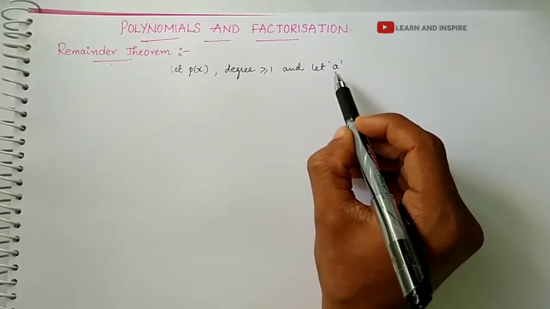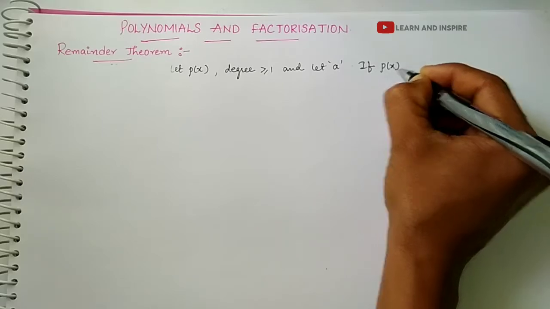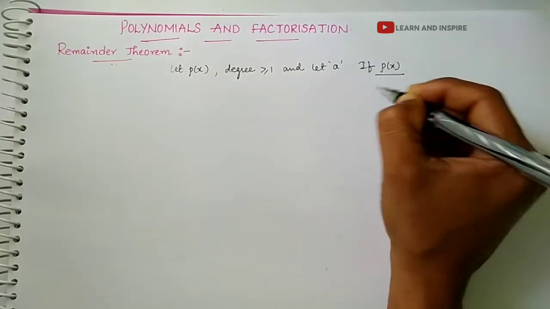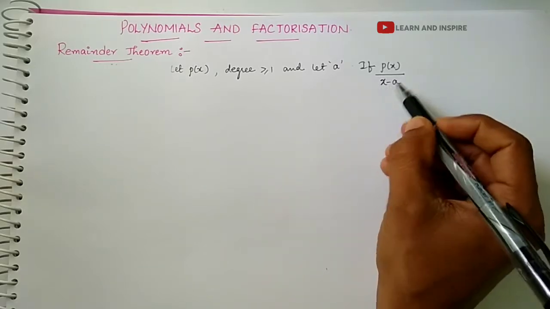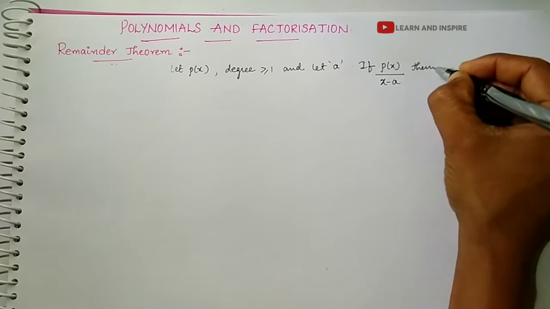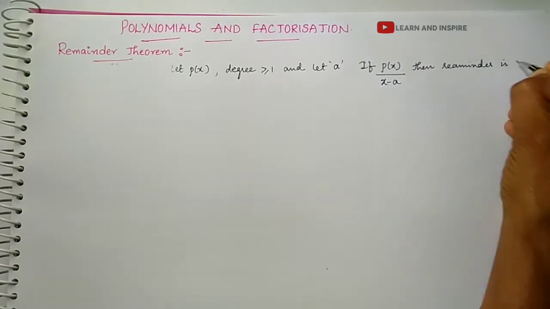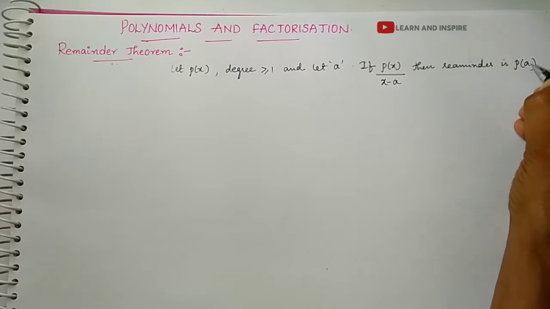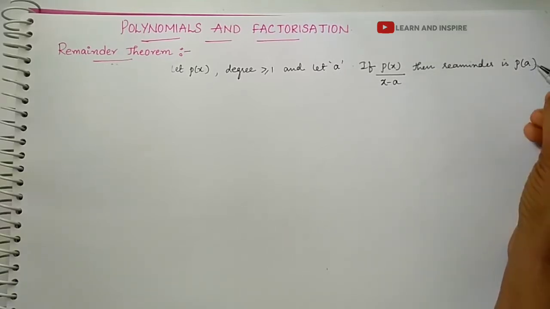If p of x is divided by the linear polynomial x minus a, then the remainder is p of a, where a is any real number.